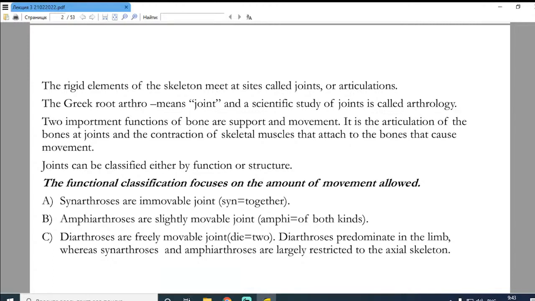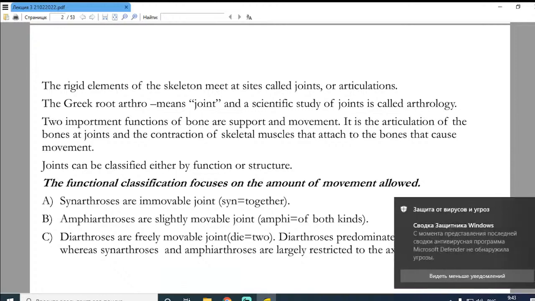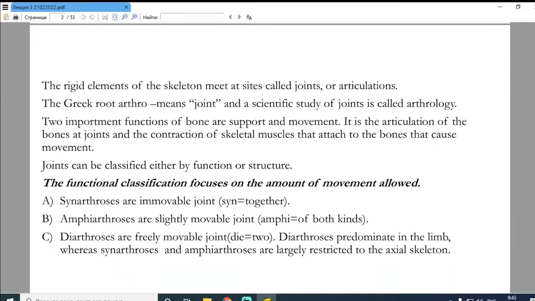The functional classification focuses on the amount of movement allowed. A. Synarthroses are immovable joints. B. Amphiarthroses are slightly movable joints.